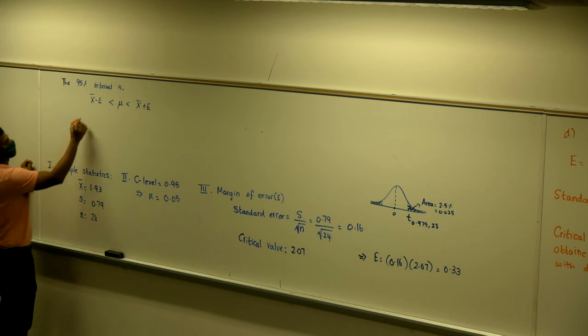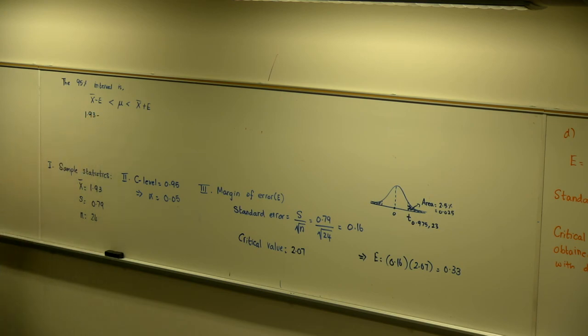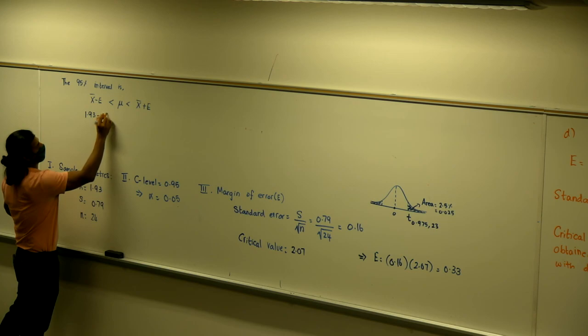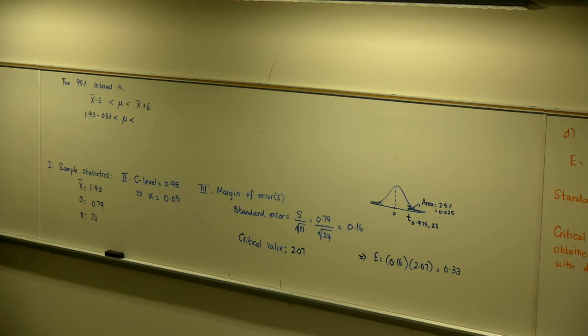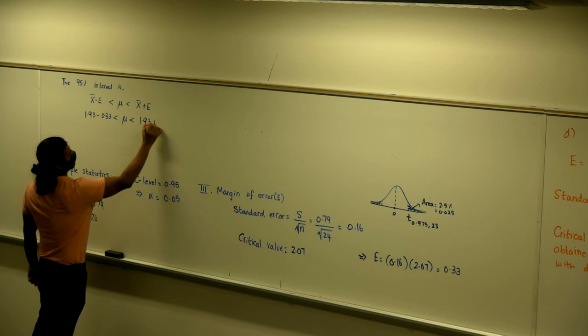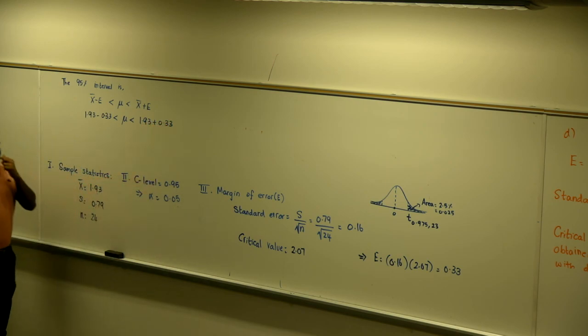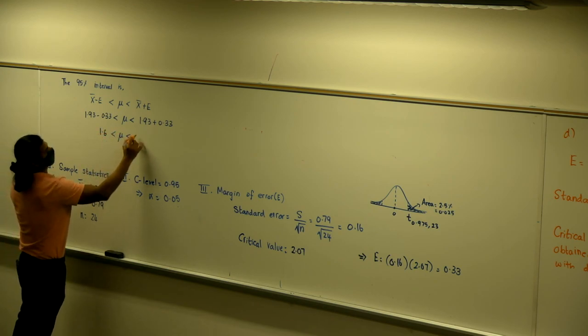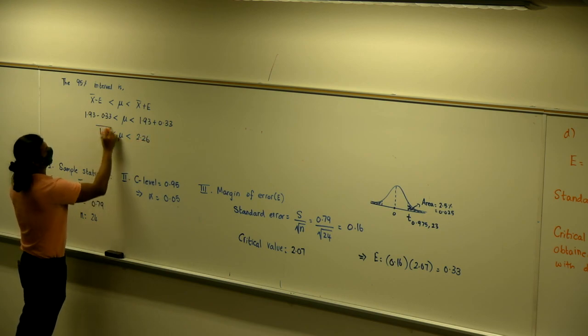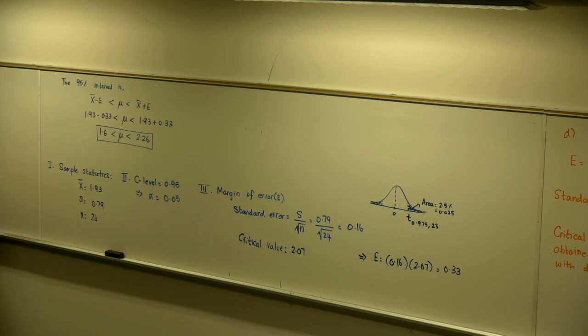It is 1.93, minus the margin of error, which is 0.33, and 1.93 plus 0.33. So that is the 95% confidence interval.